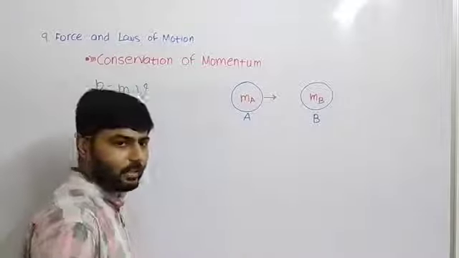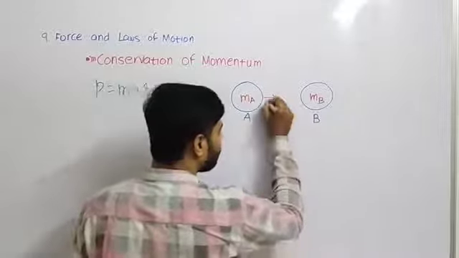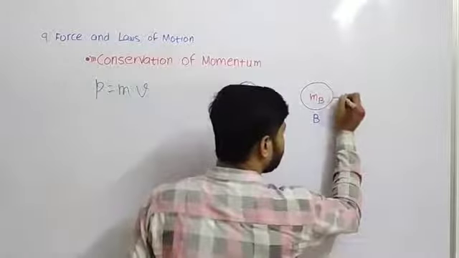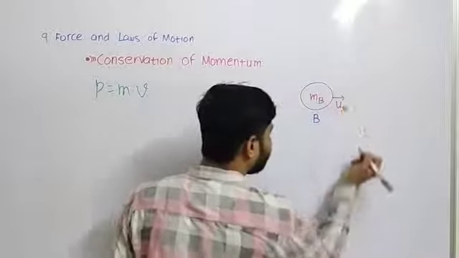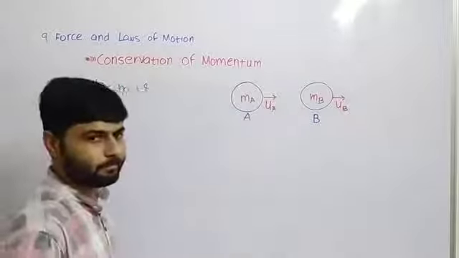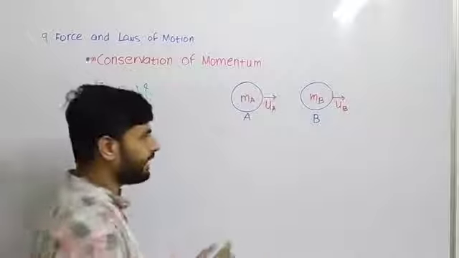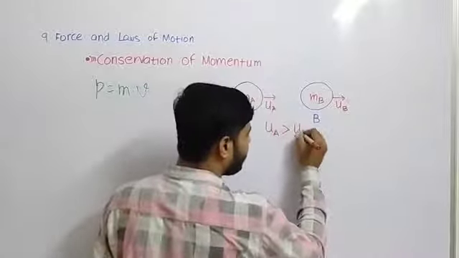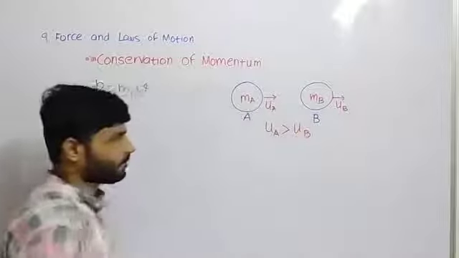Initial velocity of ball A is UA and initial velocity of ball B is UB. And consider this UA is greater than UB.